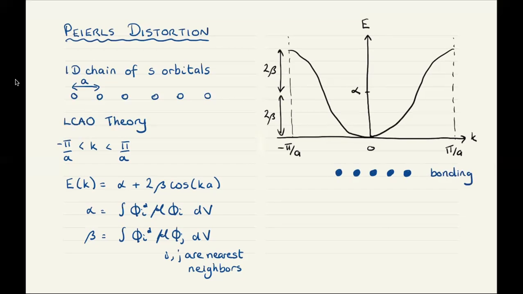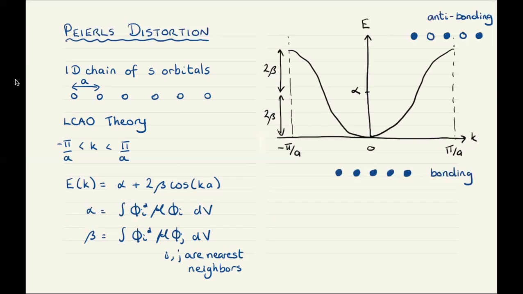If k is equal to plus or minus pi over a, the phase of the atomic orbital in one unit cell is exactly opposite to that of its neighbor, and so all of the interactions between the atoms are anti-bonding. So we can understand also just intuitively why k equal to 0 is the lowest energy and k equal to plus or minus pi over a are the highest energy states.